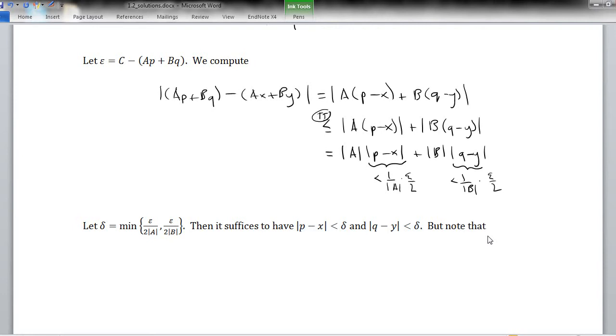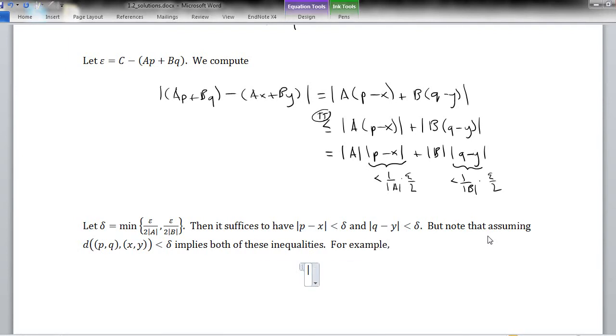Note that assuming, as we are, that the distance from pq to xy is less than delta, implies both of these inequalities.